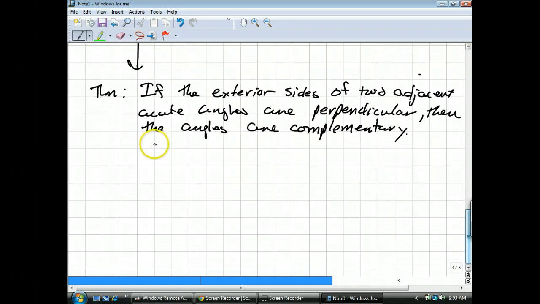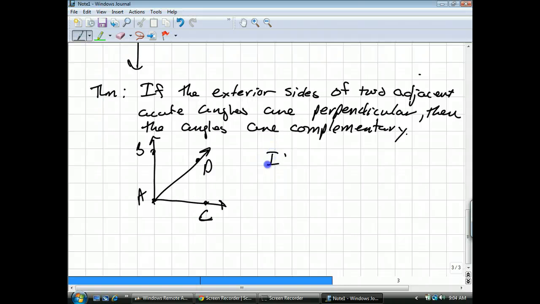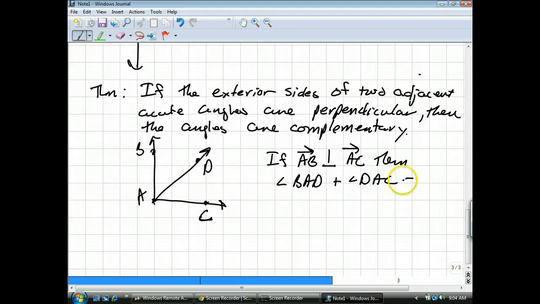Okay, so here's the picture. If ray AB is perpendicular to ray AC, then angle BAD plus angle DAC have to equal 90 degrees by definition of complementary angles.